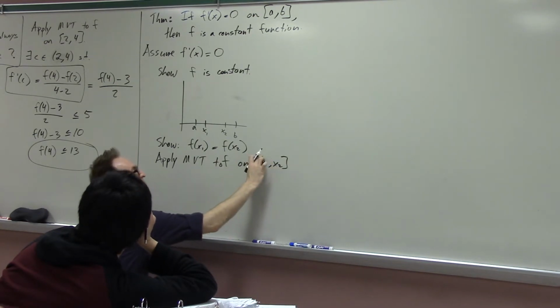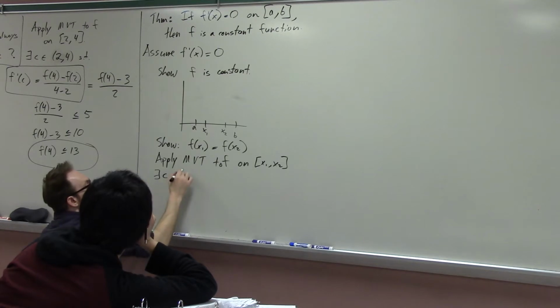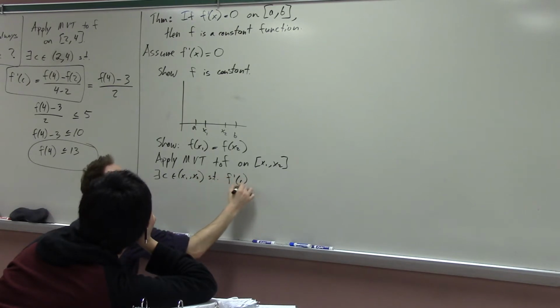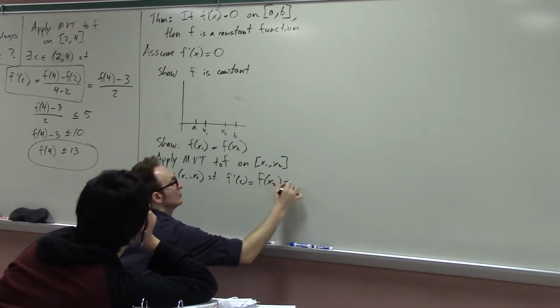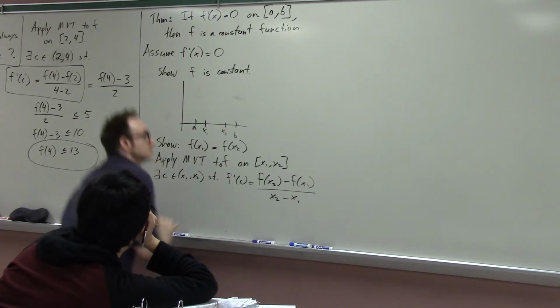If we apply the mean value theorem to f on the interval x1, x2, what does it say? It says there exists a c on the interval x1, x2, such that f prime of c is f of x2 minus f of x1 over x2 minus x1.